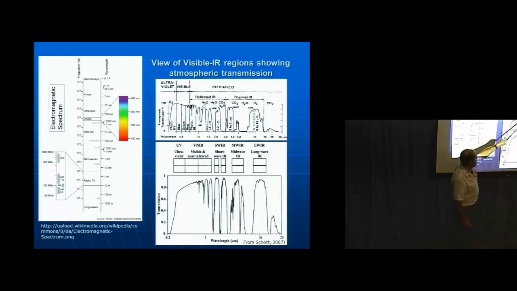This is around 3 microns, 3 to 5 microns, the mid-wave IR. This is around 8 to 14 microns. That's long-wave IR. You'll hear different designations of these regions. The ones I use in this class are visible, which is around 0.4 to 0.7, near infrared 0.7 to around 1, shortwave infrared 1 to around 2.5, midwave infrared 3 to 5, long-wave infrared 8 to 14.